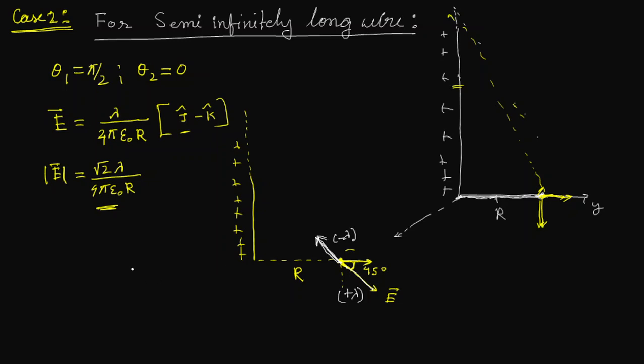Okay, so we got an idea how to calculate electric field for a semi-infinitely long wire. Now case 3, where we want to calculate electric field on the bisector.